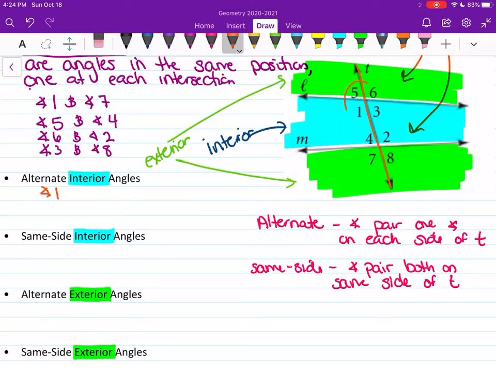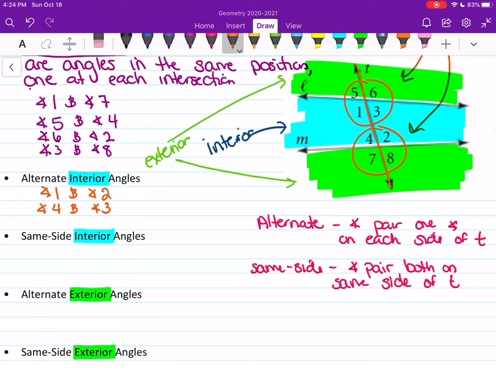But remember, I have to have an angle pair where one comes from one intersection and one angle comes from the other intersection. So the only pair I can make of alternate interior angles with angle 1 is angle 1 and angle 2. If I look at angle 4, the alternate interior angle with angle 4 has to be on the other side, so 2 or 3, but my pair, one has to come from each intersection, so angle 4 and angle 3.